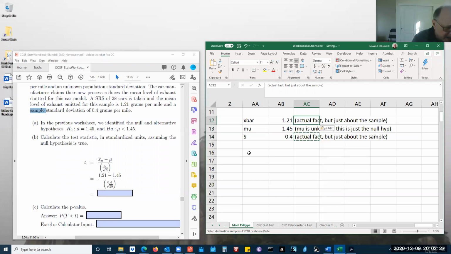Okay, so how do you calculate the t-score? Oh, and sample size here, let's see. N was 28.